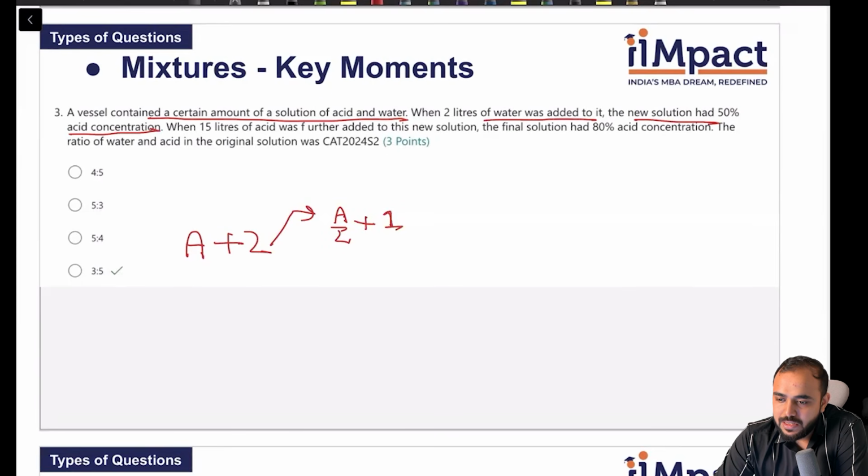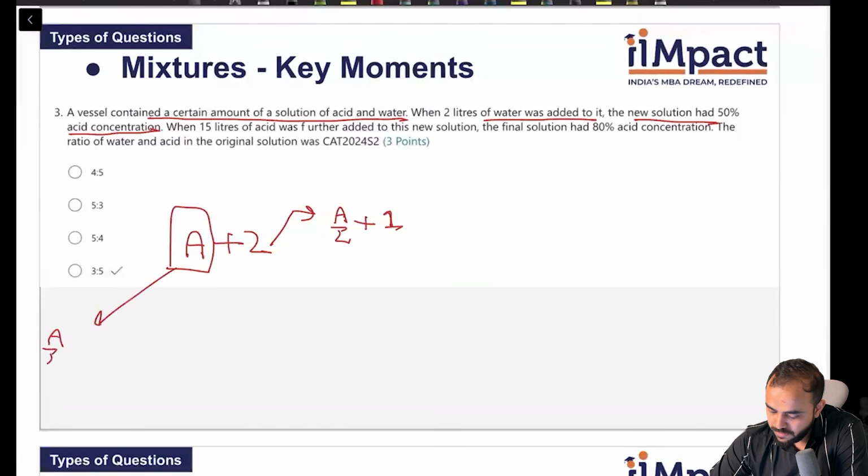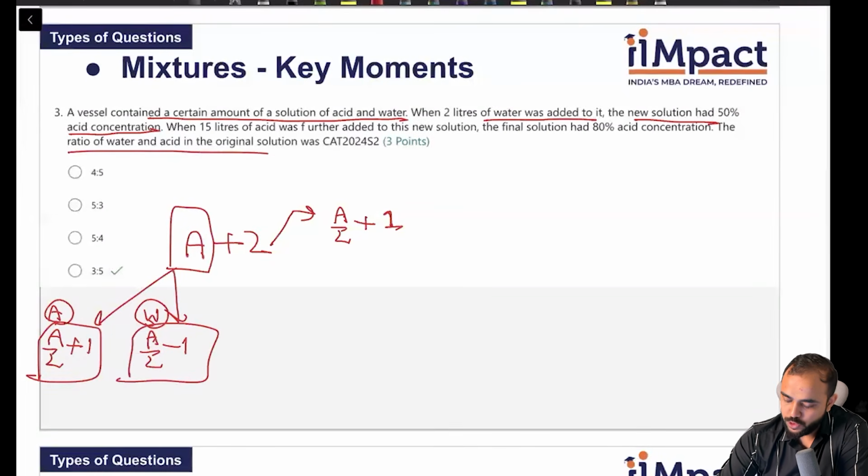This is the acid after one step, correct? Which means in the initial A also, A by 2 plus 1 would have been the acid, which means water would have been A by 2 minus 1. So this is acid, this is water. All right. So all that you have to find, because they're asking you for the ratio of water and acid in the original solution, you need to find the value of A.